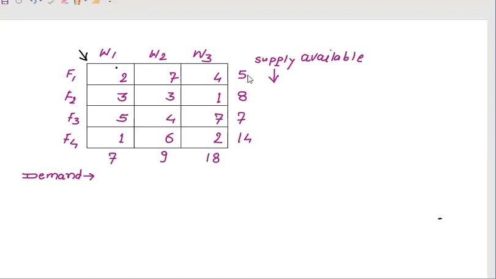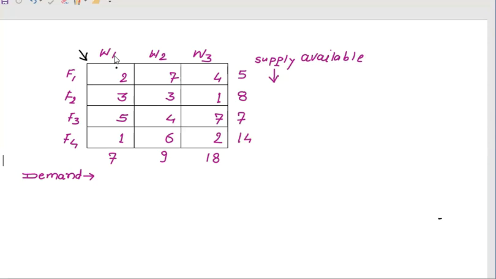Supply of products available at these 4 factories is given. So 5 is the quantity available at the factory F1. 8 is the quantity available at the factory F2. 7 is the quantity available at factory F3. 14 is the quantity of goods available at factory F4.